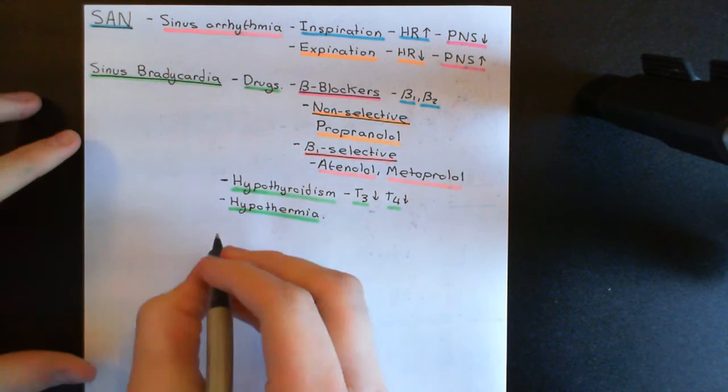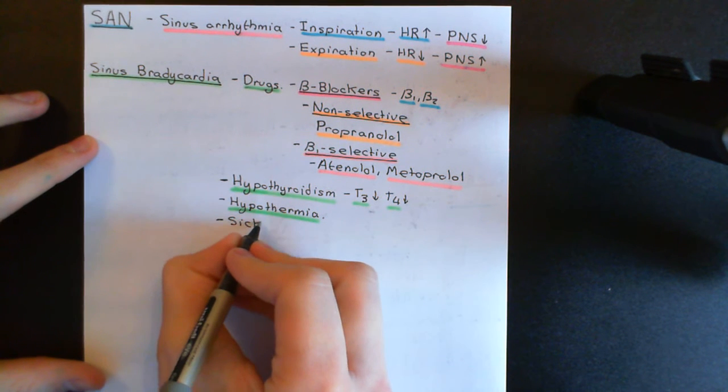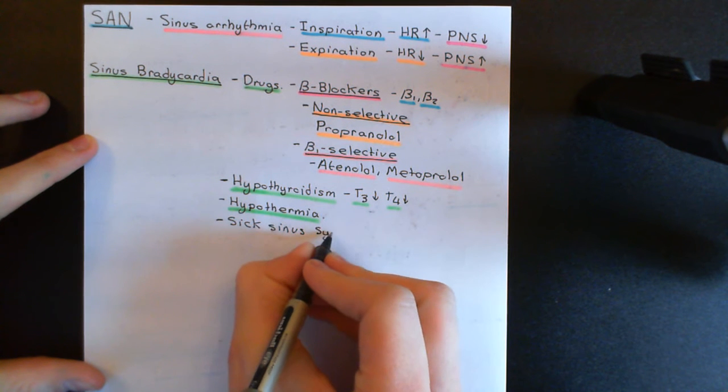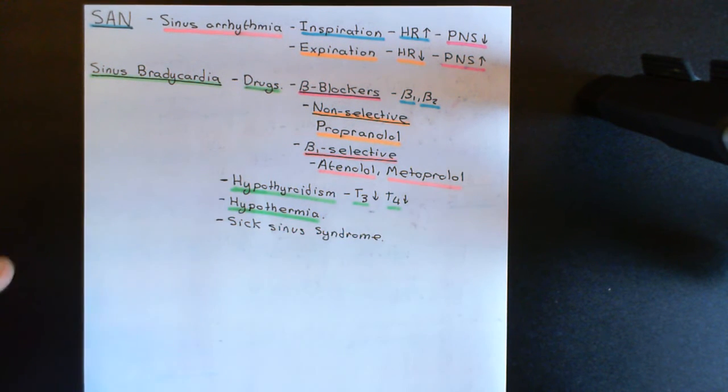The final thing that I want to put on there, which I'll discuss in a moment, is what's known as sick sinus syndrome. In sick sinus syndrome, and we'll discuss this in more detail after we discuss sinus tachycardia, because as we'll see, sick sinus syndrome can actually cause intermittent sinus bradycardia and sinus tachycardia.